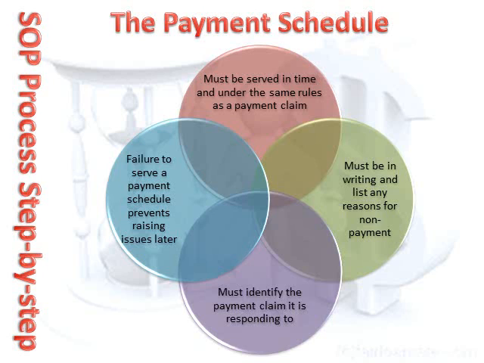The last item is very important because the client may only raise matters put in the payment schedule if the dispute goes to adjudication. The only exception to this is in Victoria, which allows a client to raise issues in their adjudication response which are not included in the payment schedule.